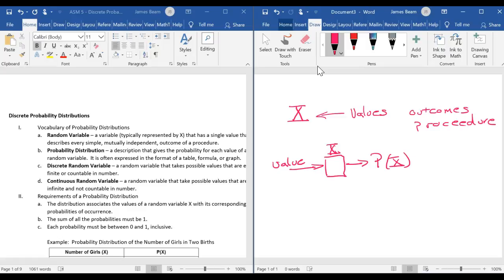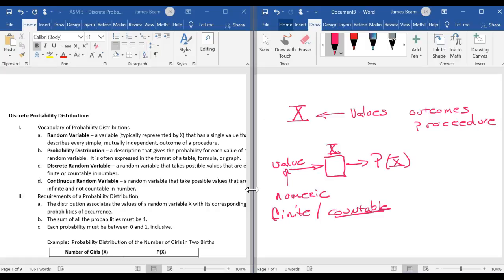If it's a discrete probability distribution, then these values are numeric, and they're either finite or they're countable. It doesn't have to be finite, but it must be countable. Countable means you can make a mapping to the counting numbers. So like you could have a first value, a second value, a third value. They don't have to be 1, 2, 3, but there has to be a way to count the values.